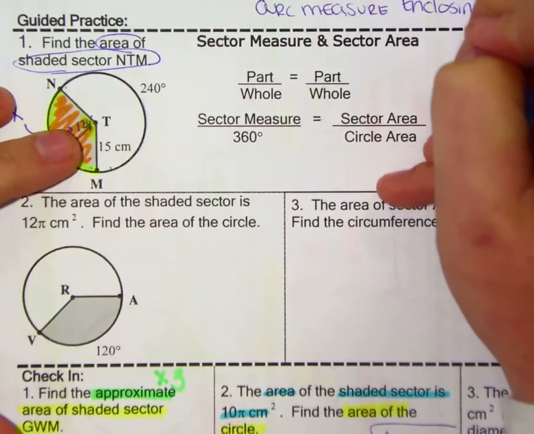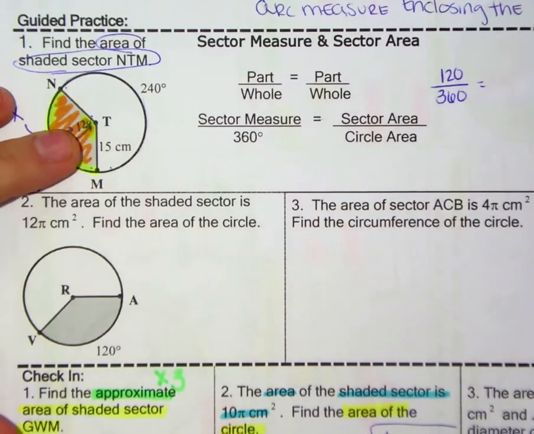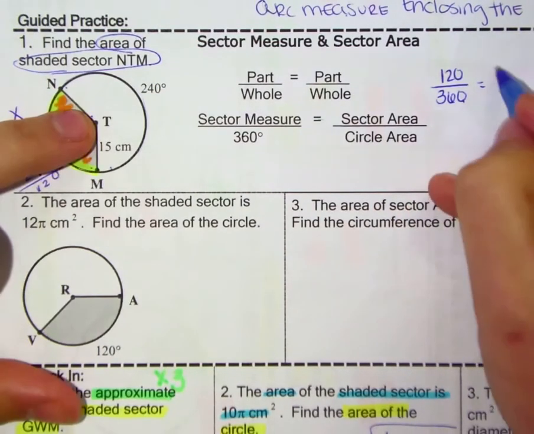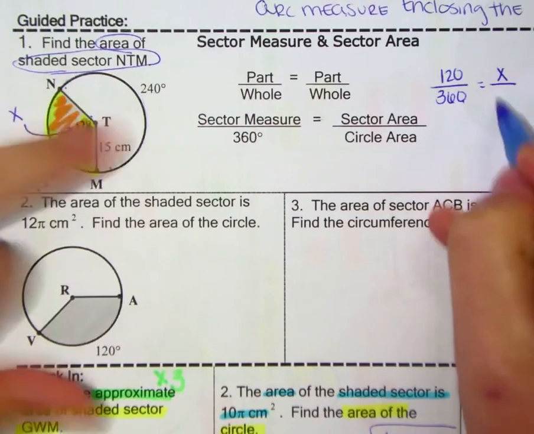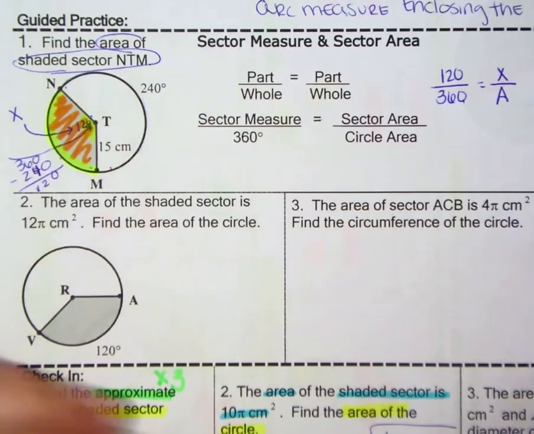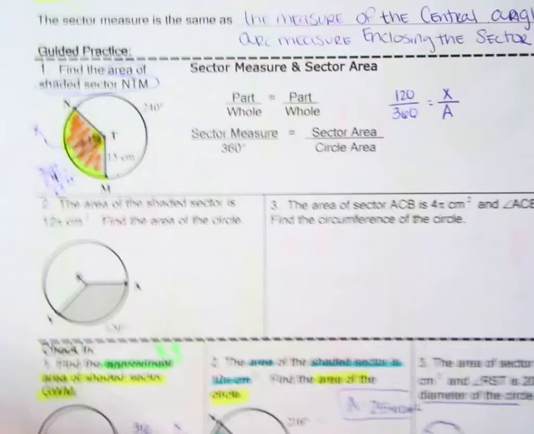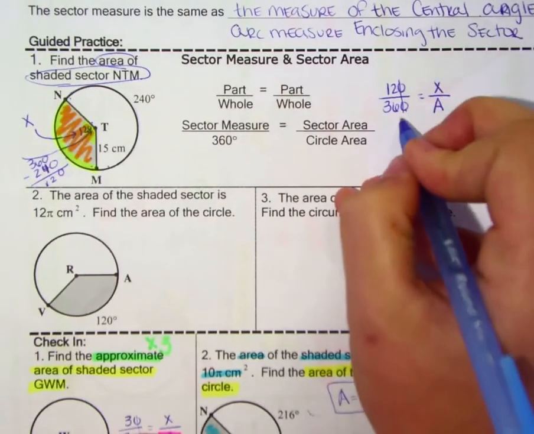We know that 120 is the portion of 360 that is equivalent to this area, which we don't know, which is part of the entire area of the circle. Okay, so I'm going to reduce 120 divided by 360. That's 1/3.